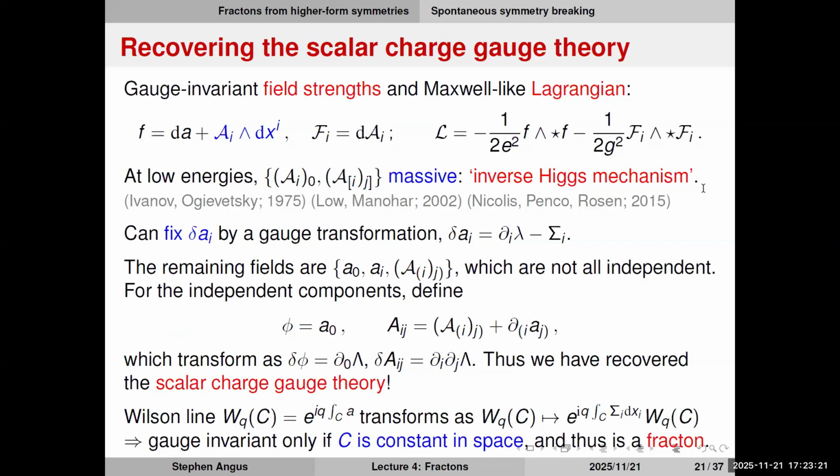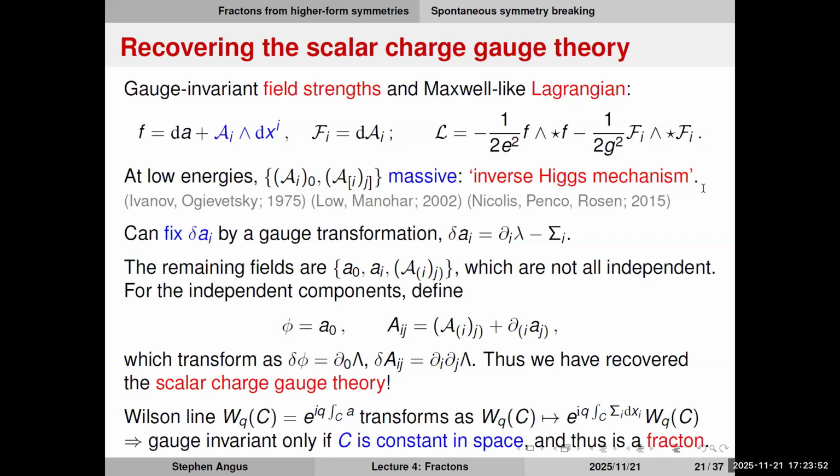And again, we can write down gauge invariant field strengths and a Maxwell-like Lagrangian. So when we go to low energies, we have introduced some coupling constants here. By low energies, I mean that the ratio between these coupling constants is such that some of the modes get an effective mass.